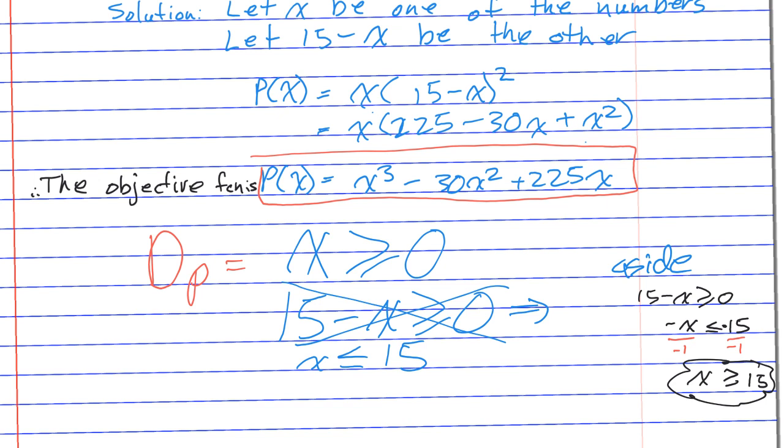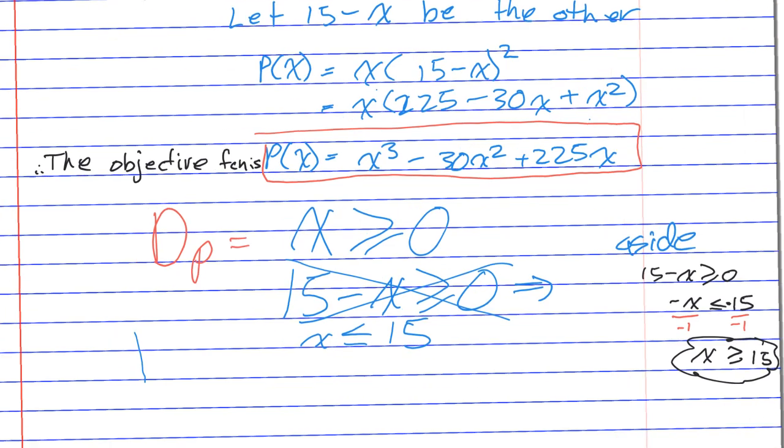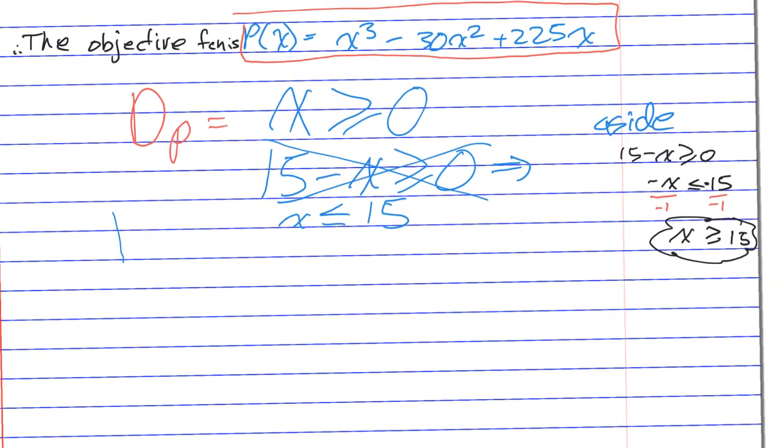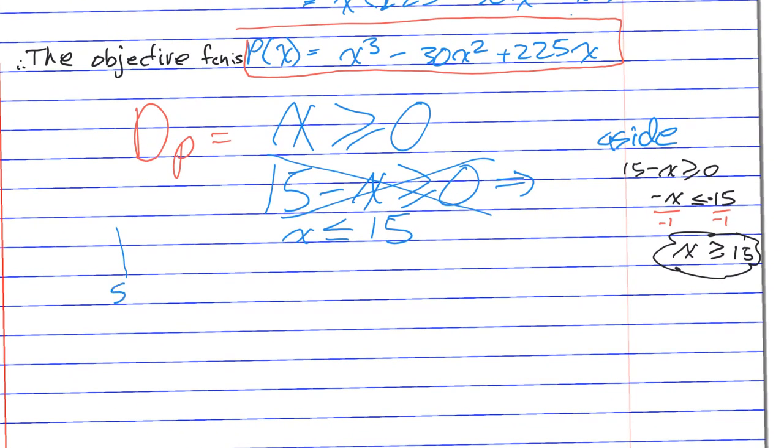So now, when we write our final solution for the domain of p, it is equal to this. You can write using interval notation where you write a square bracket, 0 and 15, easy.